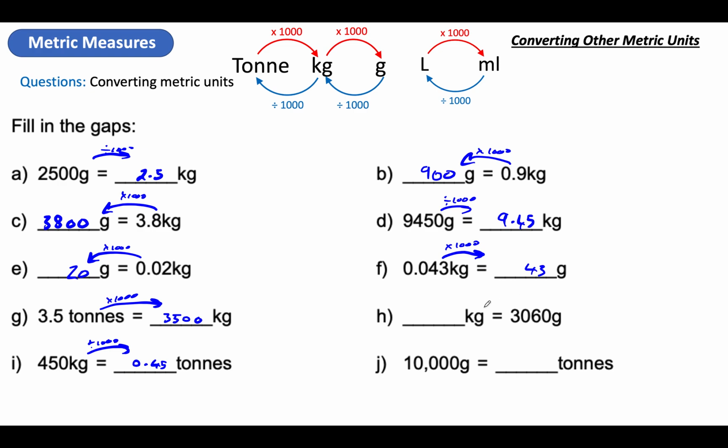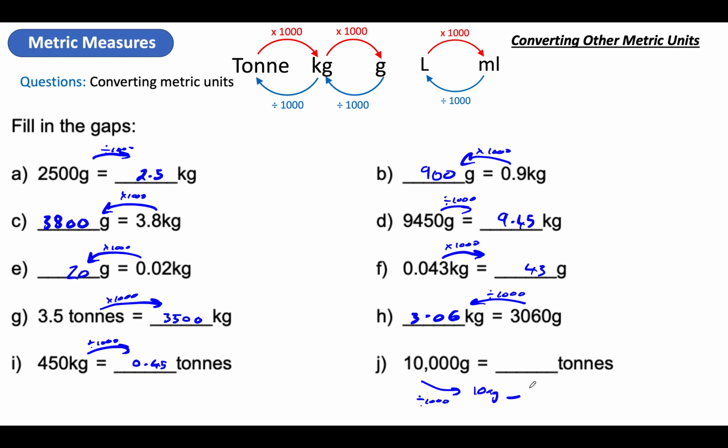43 grams. Right, kilos into grams. No, grams into kilos. We're going to divide by 1,000. So 3.06. And grams into tonnes. Oh, okay. We're going to need 2 jumps here, aren't we? Let's first of all go to kilograms. Now, if I'm going from grams to kilos, I need to divide by 1,000. That's 3 places smaller, so that's 10 kilograms.